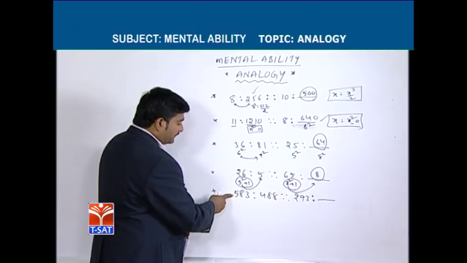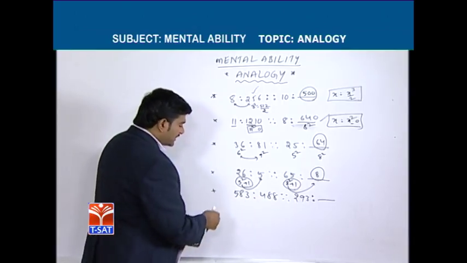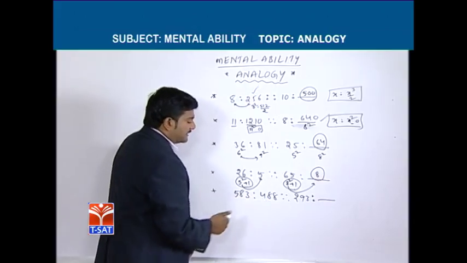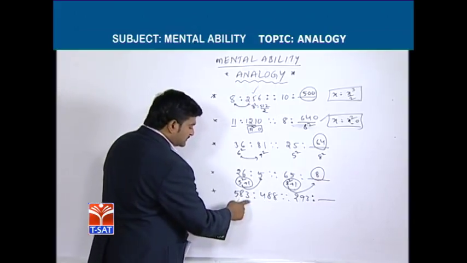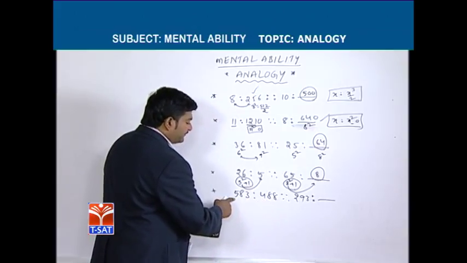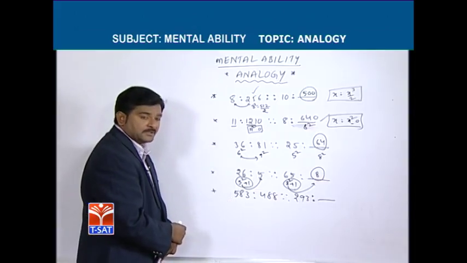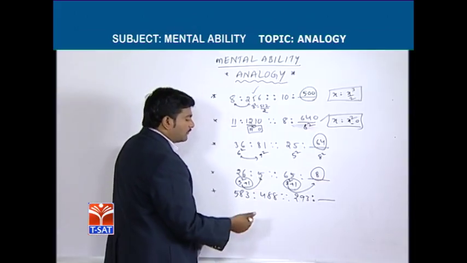How? 5 means 4. What does it mean? Reduced 1. Similarly, 8 is written as it is, and 3 means 8. What does it mean? Here, minus 1, plus 5, writing 8 as it is. Okay, that is one way. So what do you have to write here?